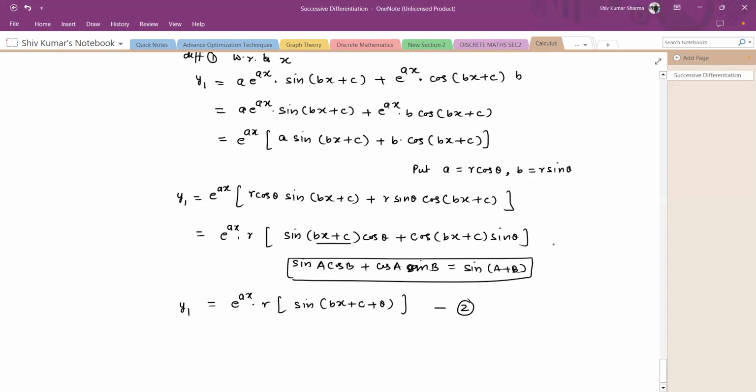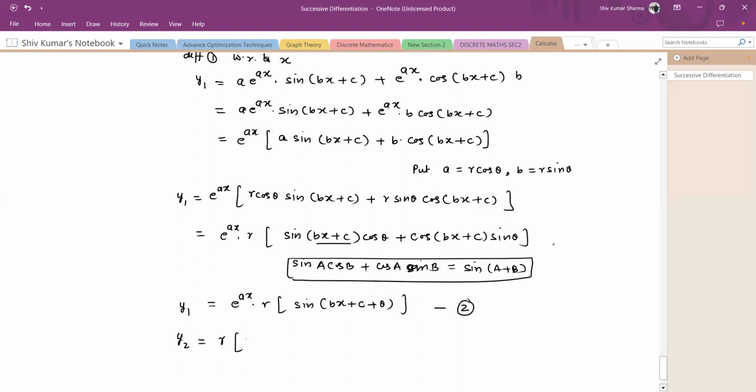Now, when we obtain the second derivative, that means y2. Similarly, we use e raised to the power ax as one function, second is sine(bx + c + theta).